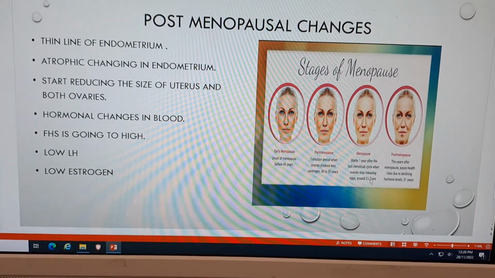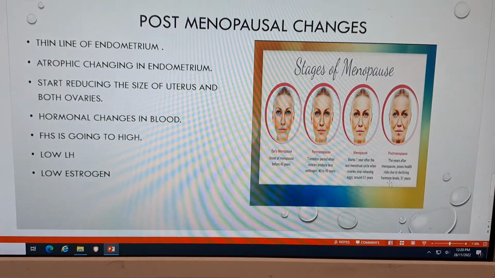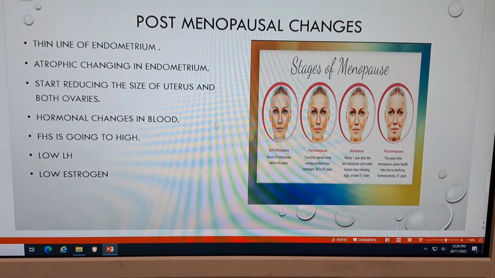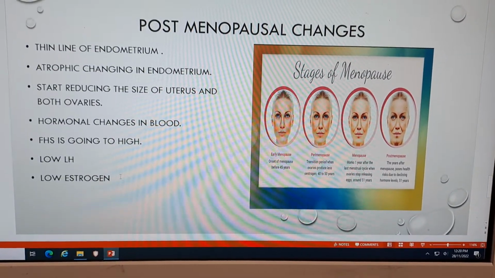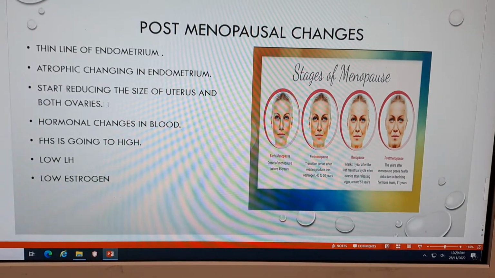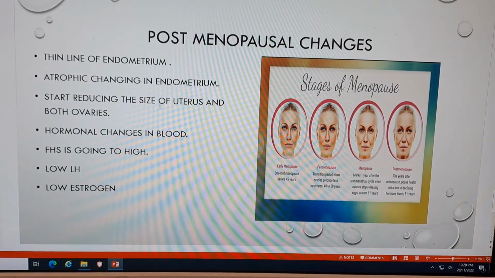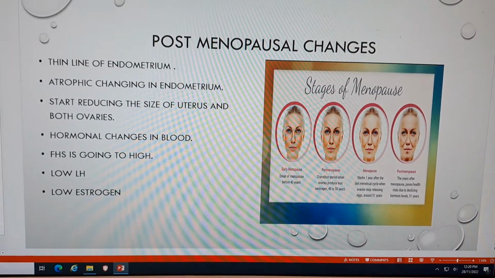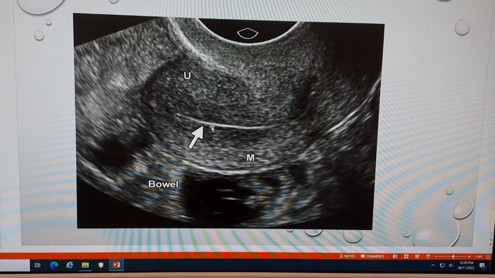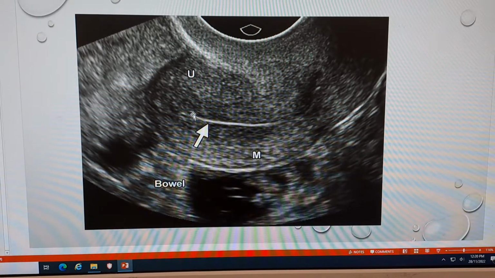Menopause is between 50 and 55, and after 60 is postmenopausal. Hormone disorders will start, and we have to check the estrogen levels and FSH levels, and the reduced size of the ovaries on ultrasound, and the lining is very thin. If the lining is not thin, if it is more than 5 millimeters, you have to follow up these things.